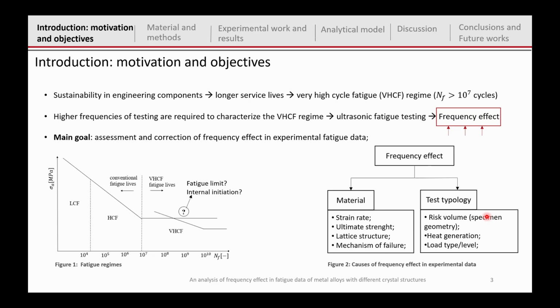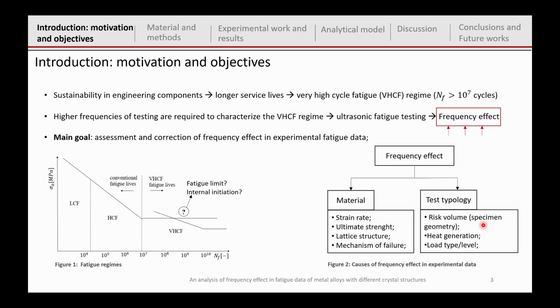Besides that, for the ultrasonic fatigue testing, we have heat generation, which can also affect our data. And besides that, we have the load type or level. For example, when we have an ultrasonic fatigue machine, usually we perform our tests under displacement control, and usually in more conventional machines, we perform our tests under load control.